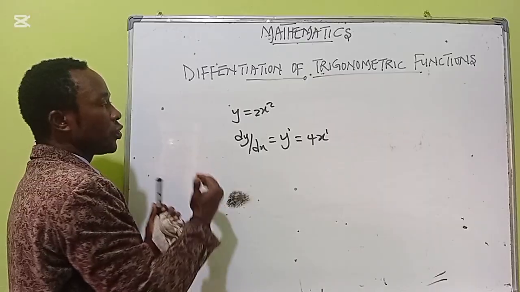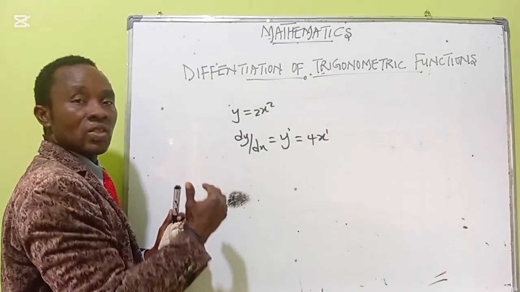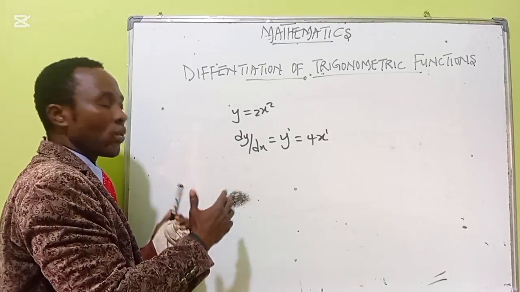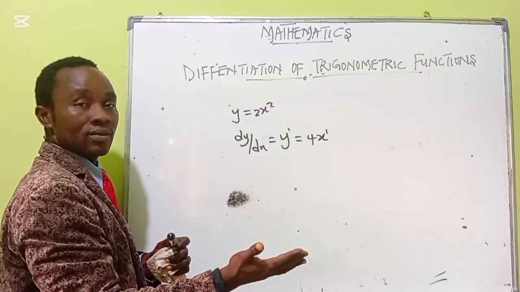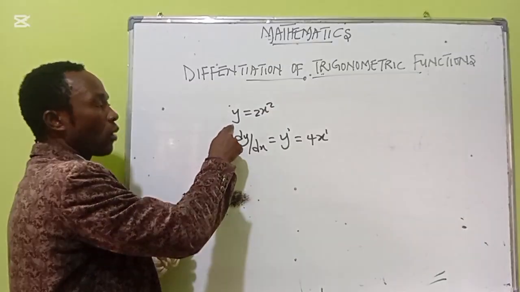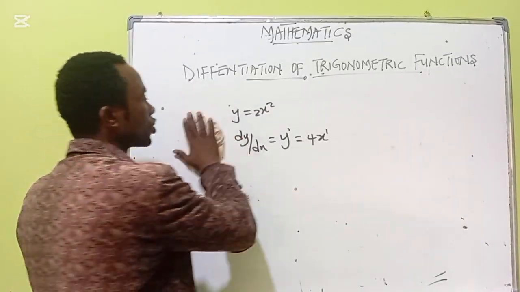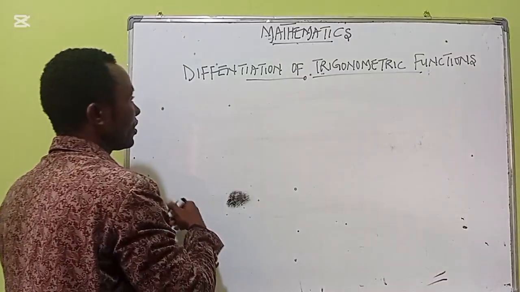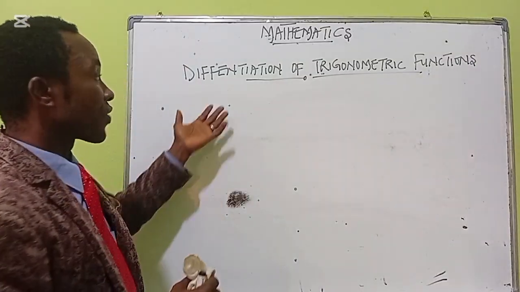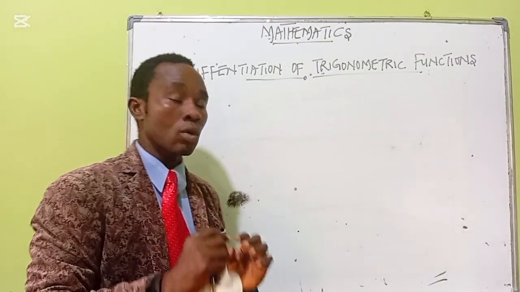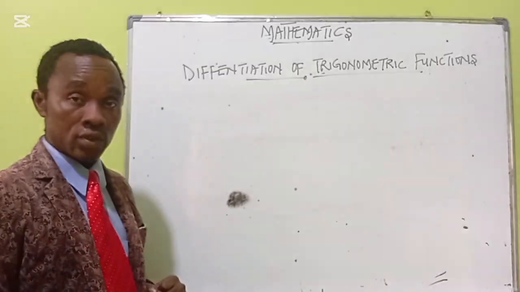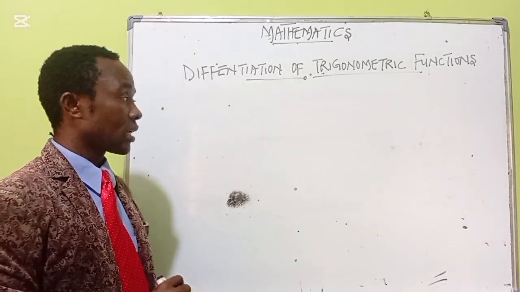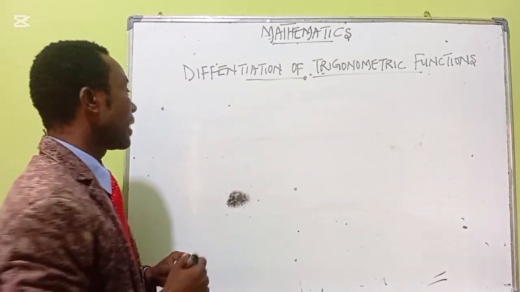So, instead of using sine theta, we can now be using sine x because we want to differentiate y with respect to x. So what I will do here is to give us the differentiation of these 6 trigonometric functions. I will not prove it in this class because it is very lengthy.